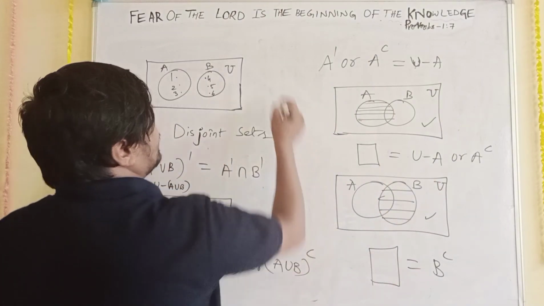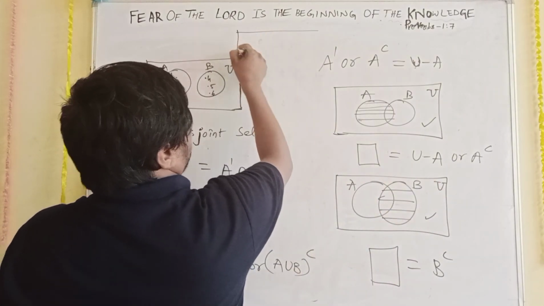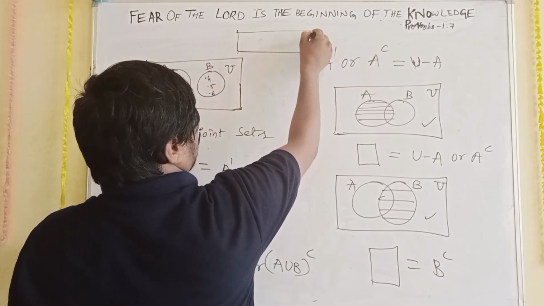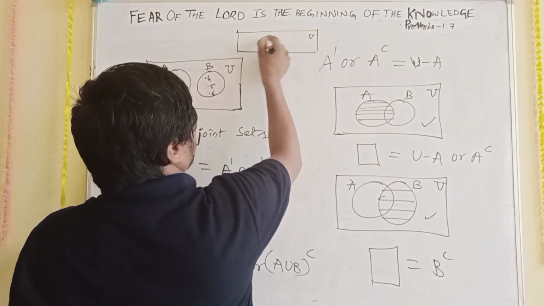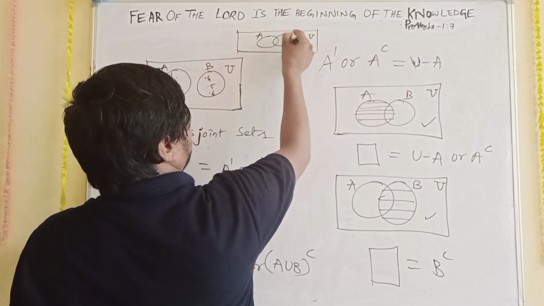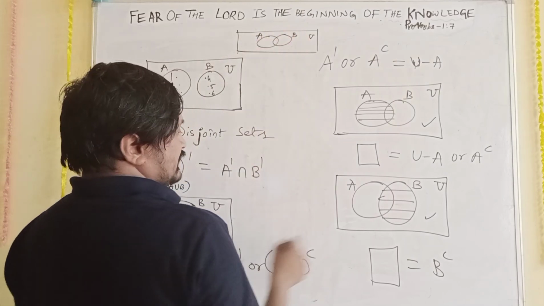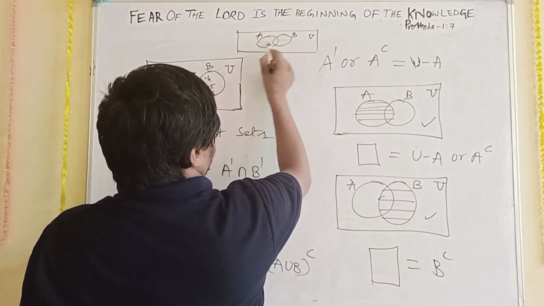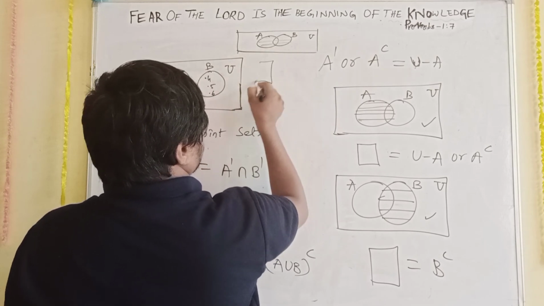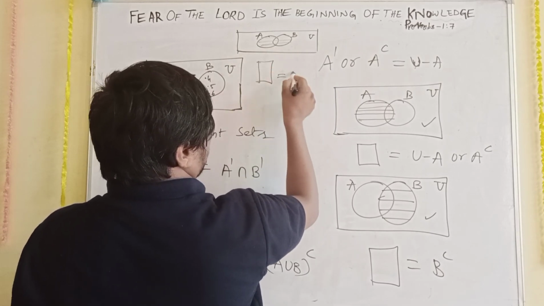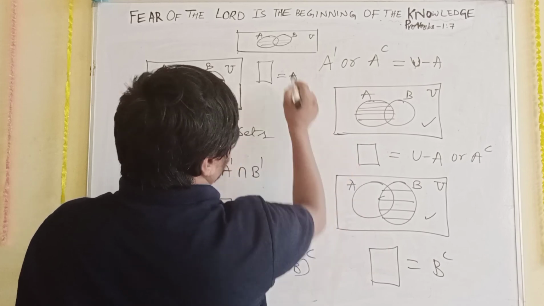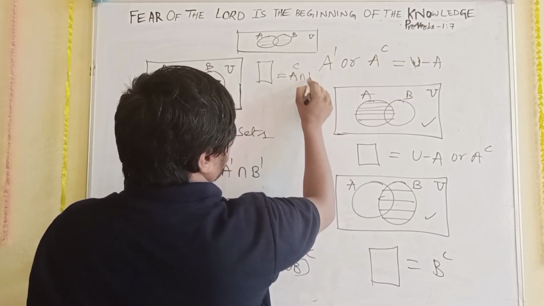If I draw the diagram with U, A and B, this empty part is the common part, that is A complement intersection B complement.